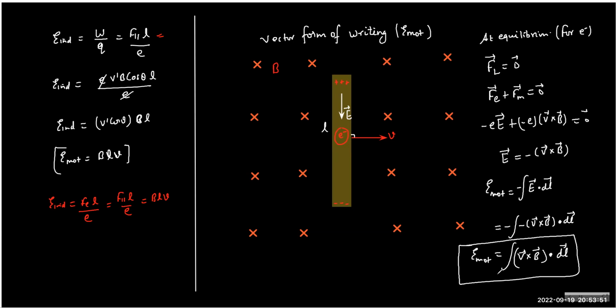So we can see something clearly here. The motional EMF is V cross B dot dl. And therefore, we can again derive multiple things from here.